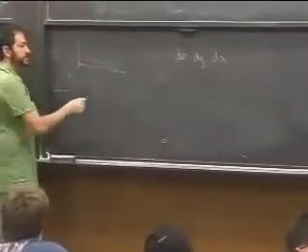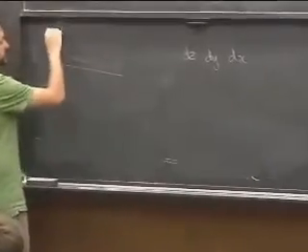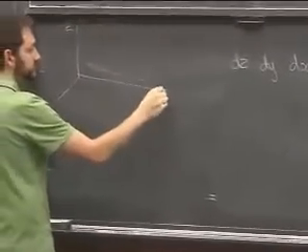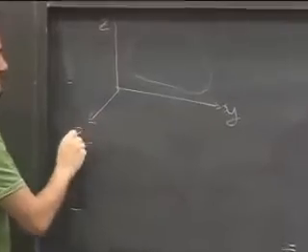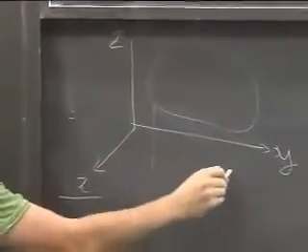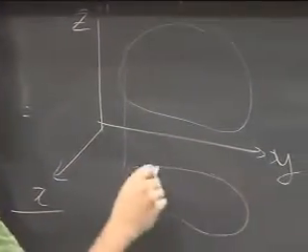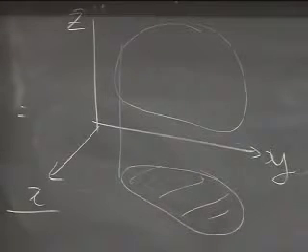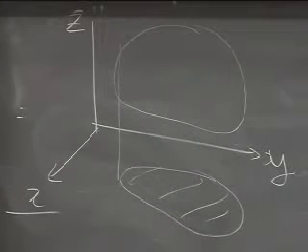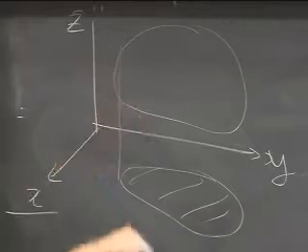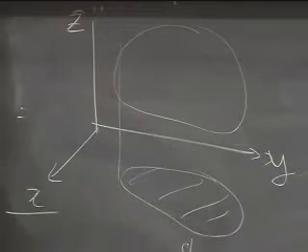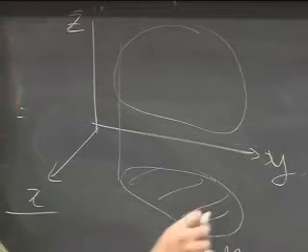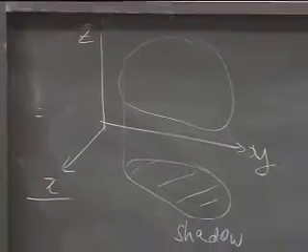The first thing to do is to say, well, you're doing the z first. So what you want to do is project this down into the xy plane. This is the shadow cast by that object. Of course, the object could be going through the xy plane, so it's not a strict shadow in that case.